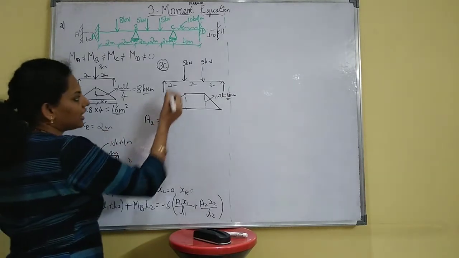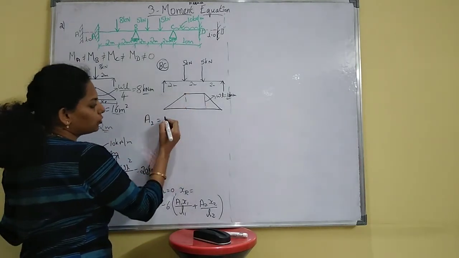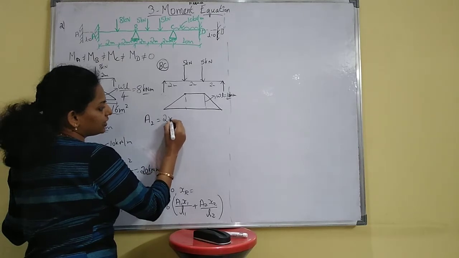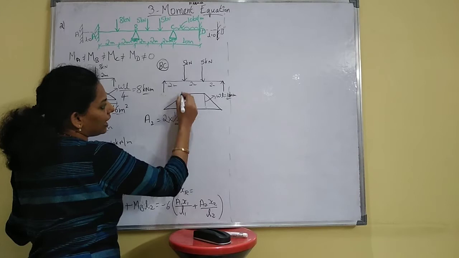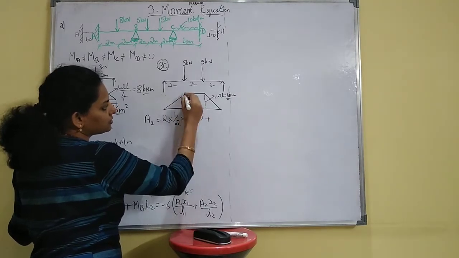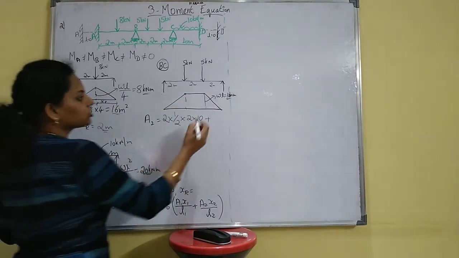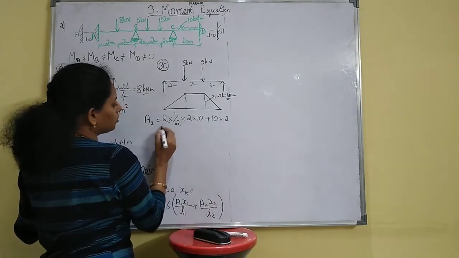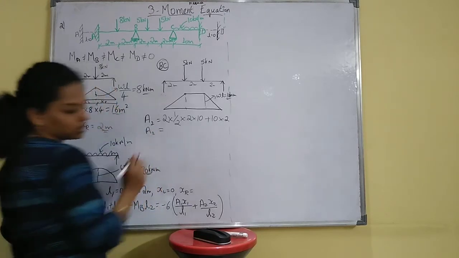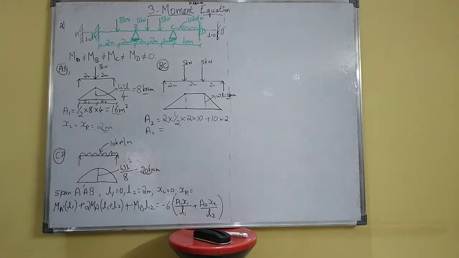Next find the area. Here you have two triangles, so you can take directly 2 into half into base 2, height 10, plus the rectangular region, where the load is 10 and distance is 2. This is your total area, so A2 is 40 meters square.